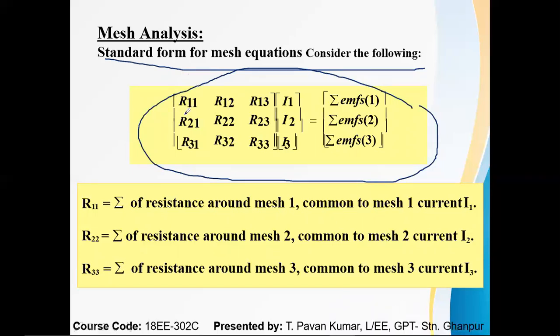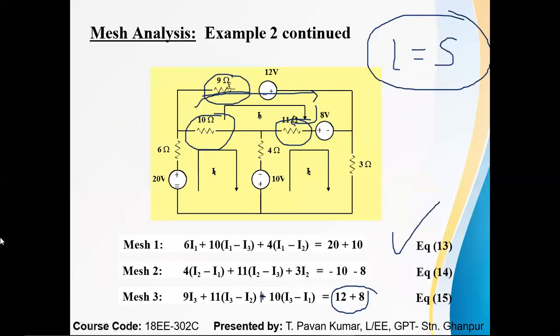While writing R11, you should consider the summation of resistance around mesh 1 common to mesh 1 current I1. R11 means the self value of resistance in loop 1, right? Self in that complete loop common to mesh 1 current I1.